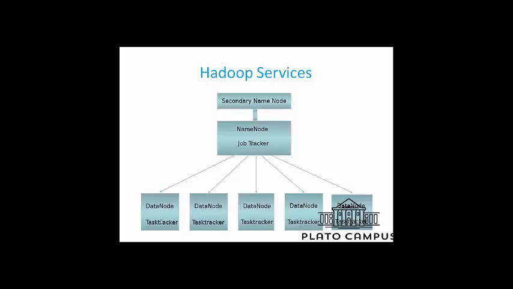Data node and task tracker services are running on every slave machine. So you can see that name node along with all the data nodes is taking care of your storage part. And similarly, job tracker along with all the task trackers is taking care of your processing part. So these are different Hadoop services which will be running on your system when you install Hadoop.